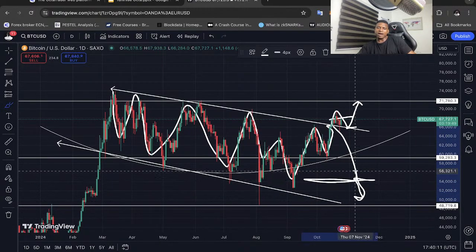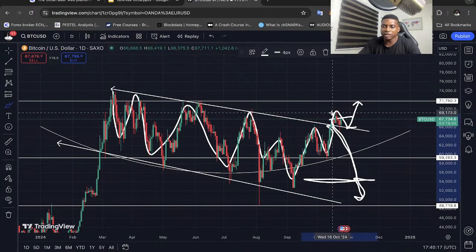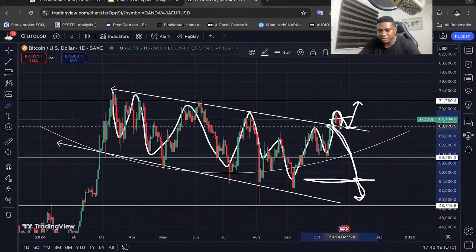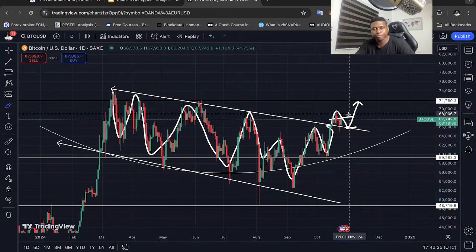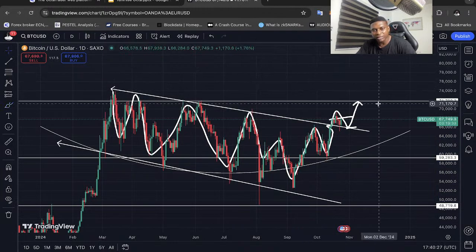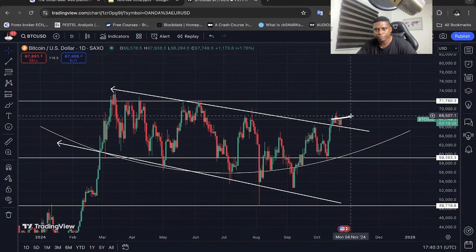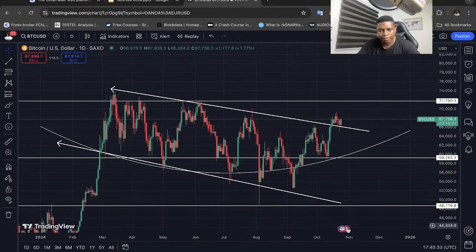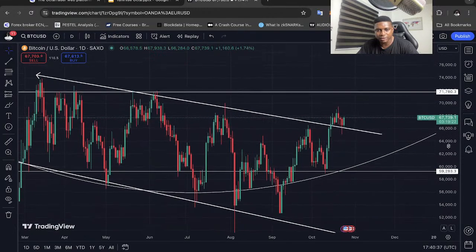However, that was not the outcome. The outcome was that it broke out of this downward trend, then a reverse, a retest, and then we can see the momentum building back up. It's clear. All right, so we can see that.